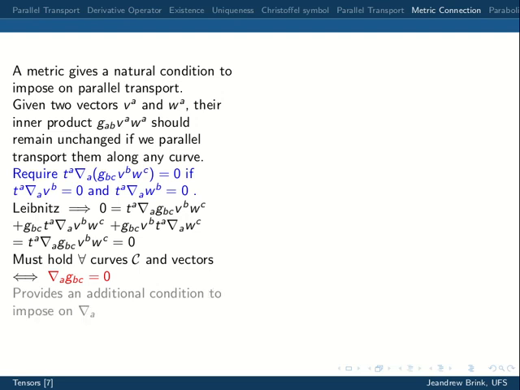And so this condition chooses which derivative operator you have. For all practical purposes further on, we're going to work only with derivative operators that are associated with a metric. The reason for doing it this way is so that you know exactly at which point your specialization is being made.